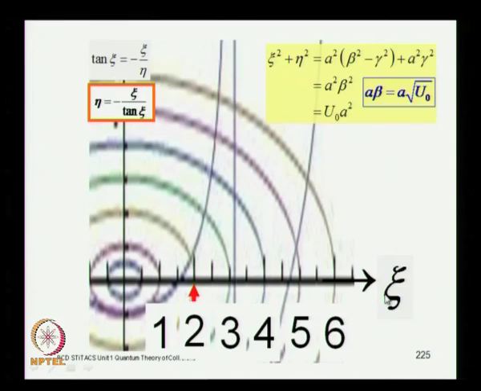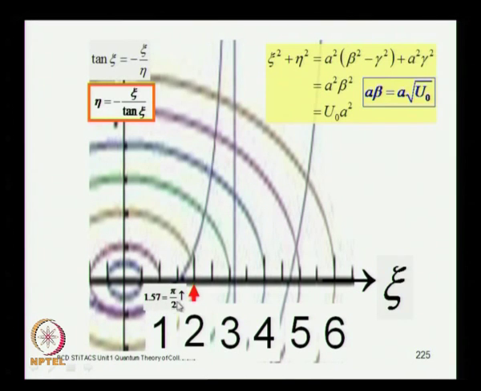Angles xi are indicated in radians in this, and there are circles also drawn which are given by xi square plus eta square equal to the strength of the potential, and there are circles drawn with different strength parameters for different values of the radius. So, here is a circle drawn for radius equal to half, this is for 1, this is for 2, and so on, right. So, there are a number of different circles, and each circle represents a particular strength of the potential.